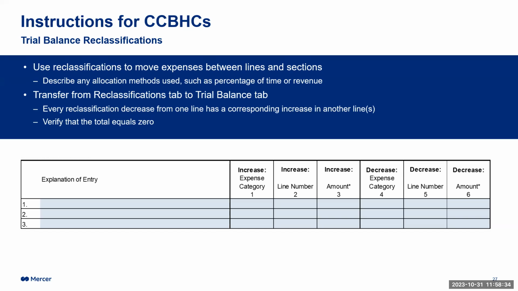And the person filling out this tab has to remember you have to move that information from this tab to the actual trial balance tab. Every decrease from one line item has a corresponding increase to another line item. And given this is not automatic, you'll have to verify that on the trial balance tab, everything equals zero.